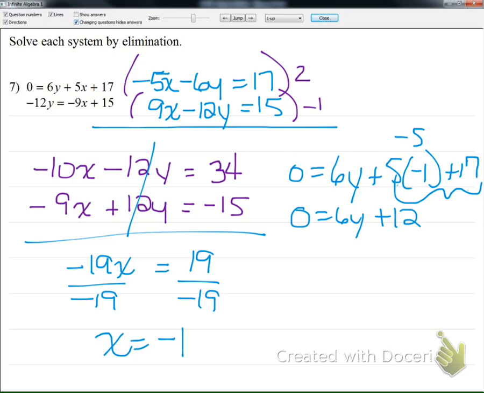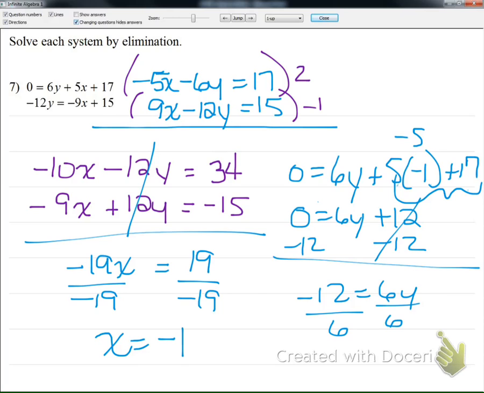So that equals positive 12. Let's isolate our variable from the constant. So we get -12 equals 6y. Divide by 6. So y is equal to -2. That means our final answer for problem 7 should be -1, -2.